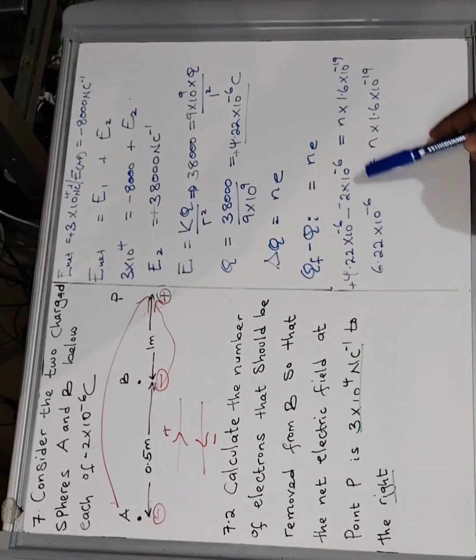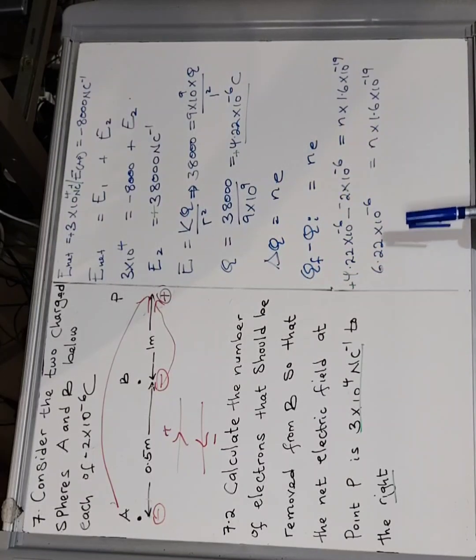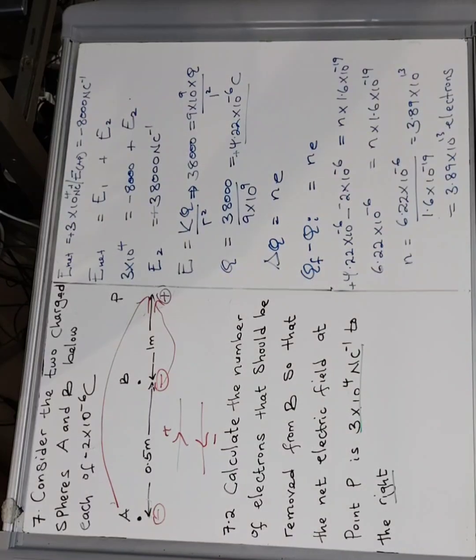After computing this, it is 6.22 times 10 power minus 6, giving you that. And here the only unknown is our n, which we can find. So there we are, and we found the number of electrons as 3.89 times 10 power 13 electrons. So that's what we are supposed to do on that one.